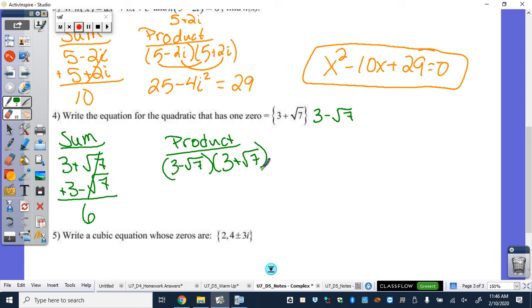Multiply them out again. Since they are conjugates, you multiply the firsts. 3 times 3 is 9. Multiply the lasts. Negative radical 7 times radical 7. Negative 7. So we have a product of 2. So x squared minus 6x plus 2. Always minus the sum plus the product.